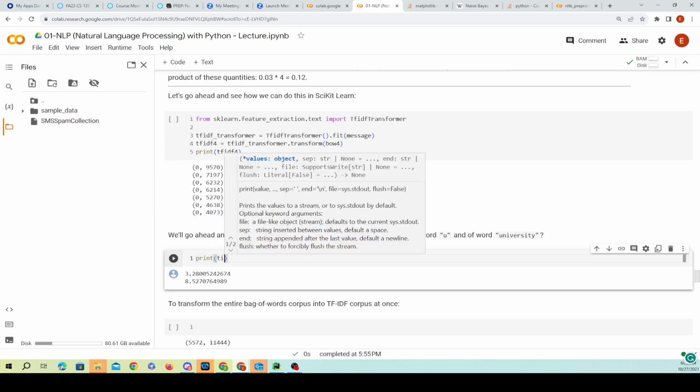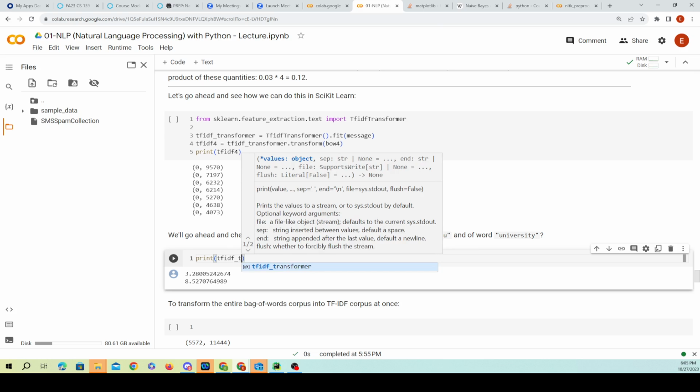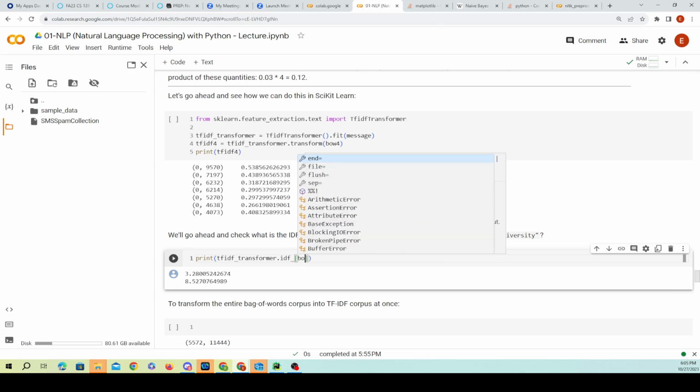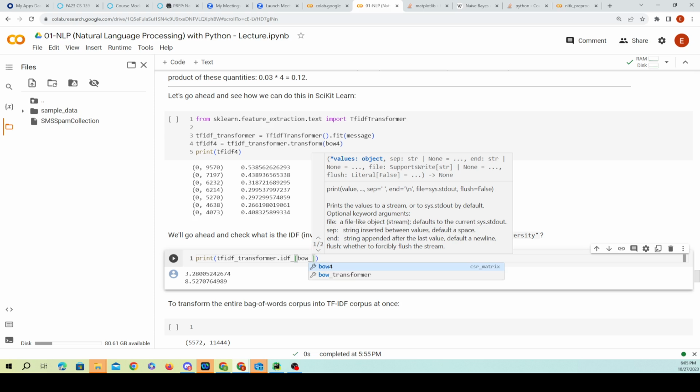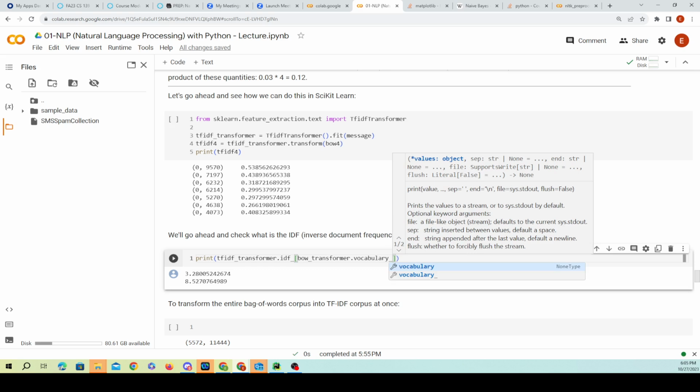So we're going to do the tfidf_transformer.idf_ of the bow_transformer.vocabulary_ for u.